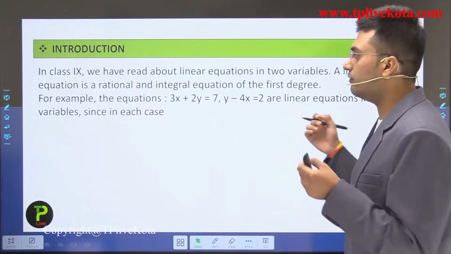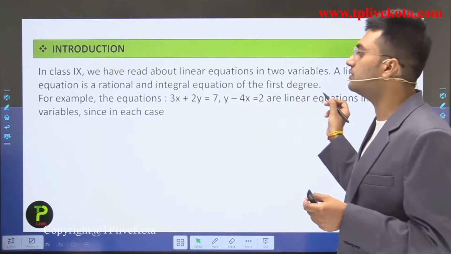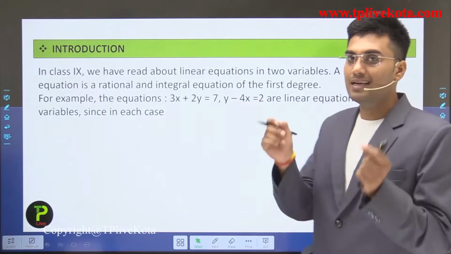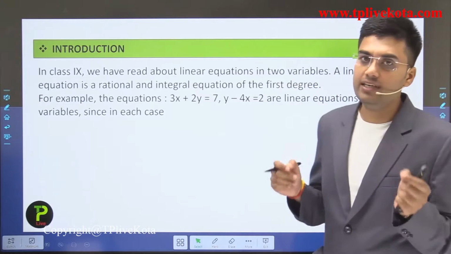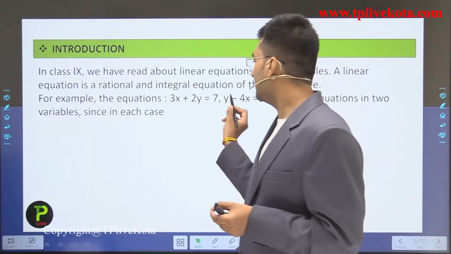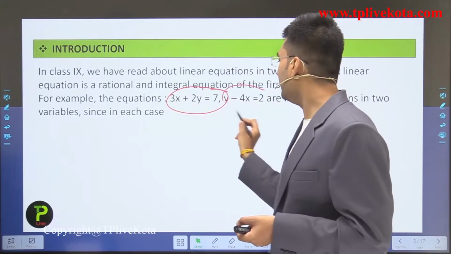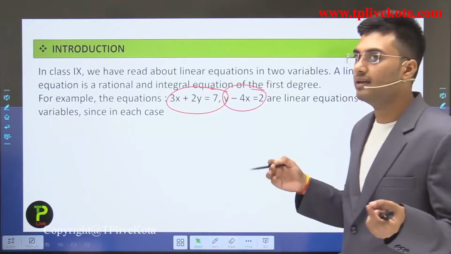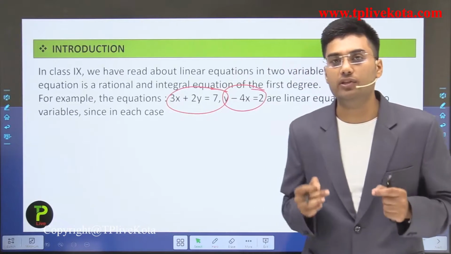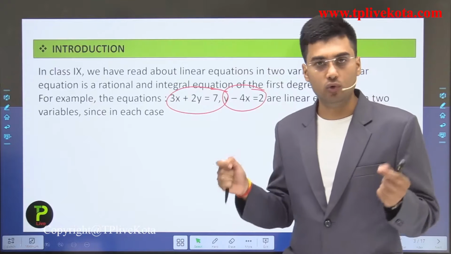A linear equation is a rational and integral equation of the first degree. For example, 3x plus 2y is equal to 7 or y minus 4x is equal to 2 are examples of linear equations in two variables. Here x and y are two variables.